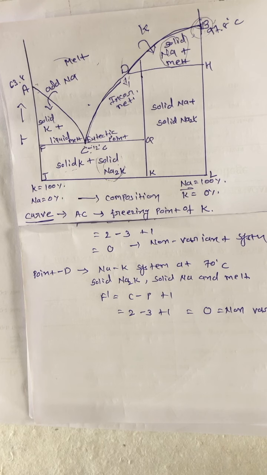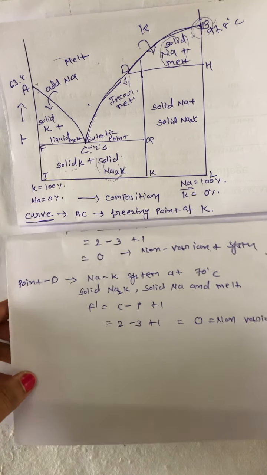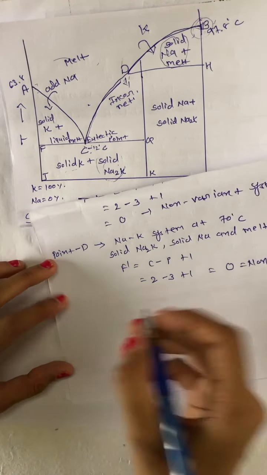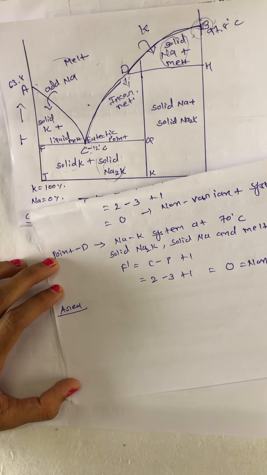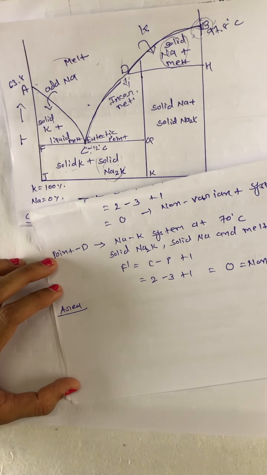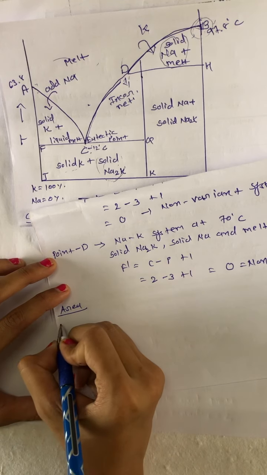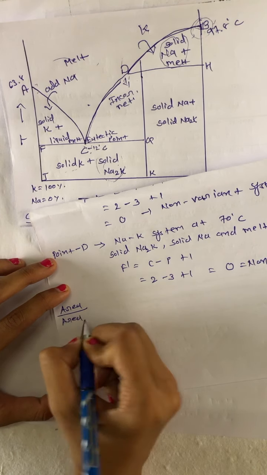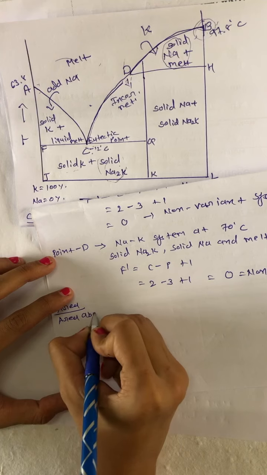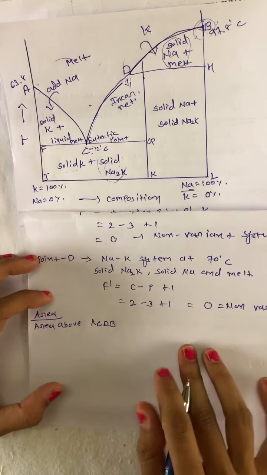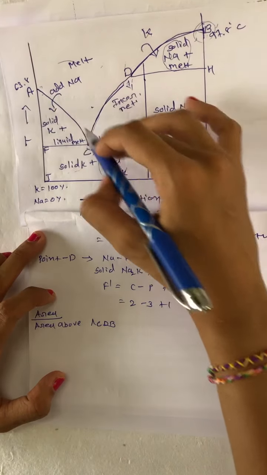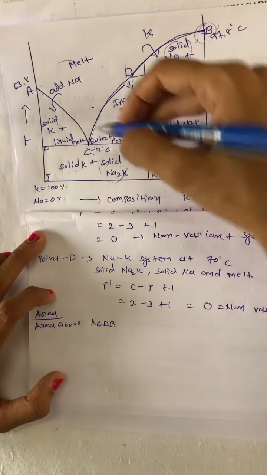Now we're going to discuss the areas, right? The area above ACDB, A, C, D, B, the area above.